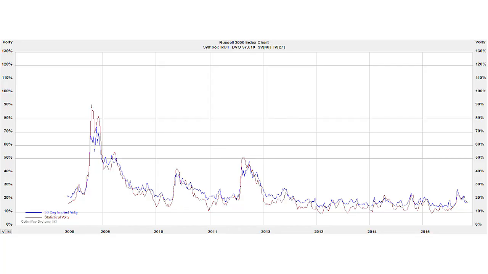What Joe found in his study was that when the market volatility increases to near the 100th percentile of the volatility range of that particular stock or index over the last 12 months, that is a very high probability setup for one of these iron condor trades.